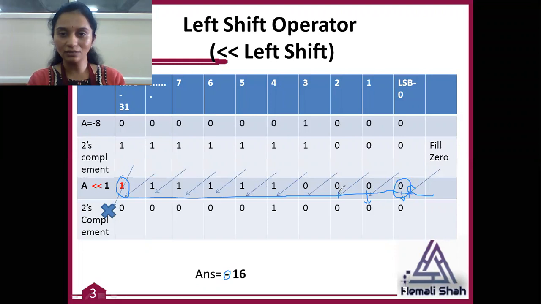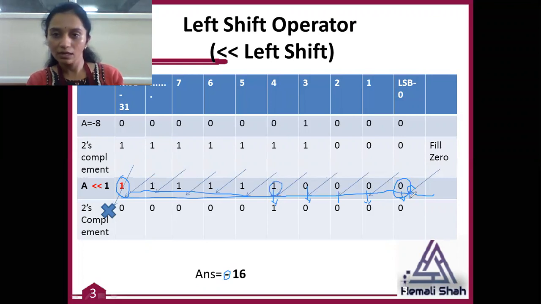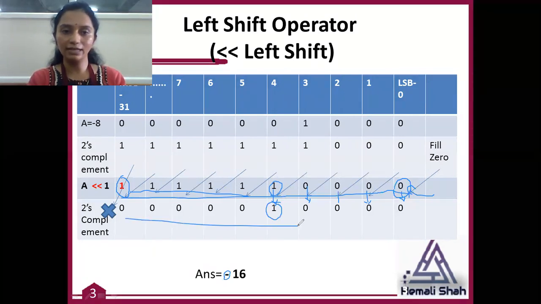You will get 0 0 0 0 0 as it is up to this 1, keep this 1 as it is because it is the first 1 from right to left, and then perform the complement. So you get this number, and this is the representation of the number 16, right?